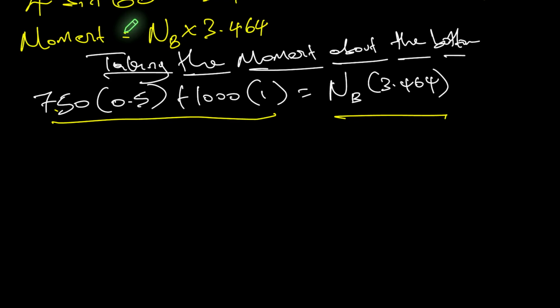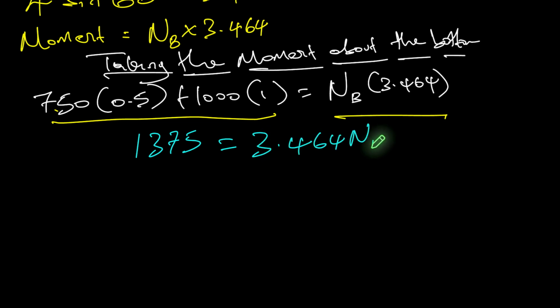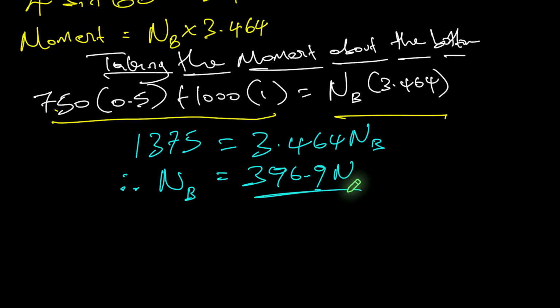We got 375 up top, so that would give us 1000 plus 375, that would give us 1375 equals 3.464 NB. So if we divide the 1375 by 3.464, we would get what NB is. So NB is 396.9 newtons. So that's NB.